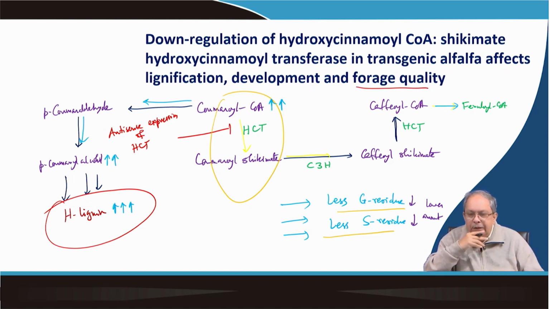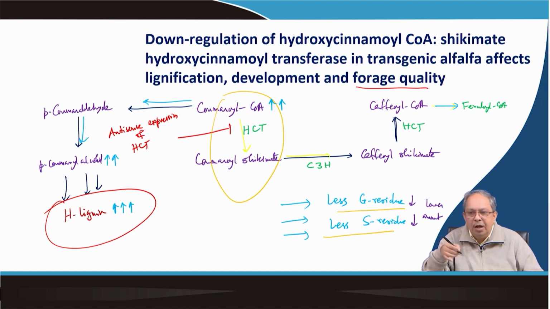Normally cattle and sheep prefer to eat grass, but they less prefer to eat dicots. Whereas, alfalfa is used as a forage crop. Now, the problem is that if the forage crop contains more of S and G residue, that is the lignified portion, it eventually makes it difficult for grazing animals to digest.